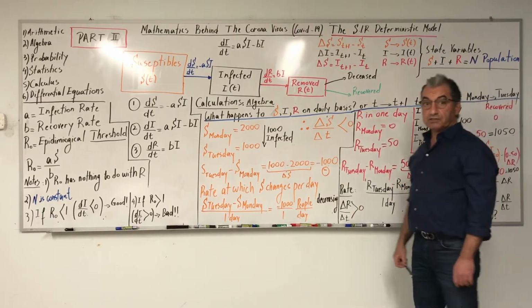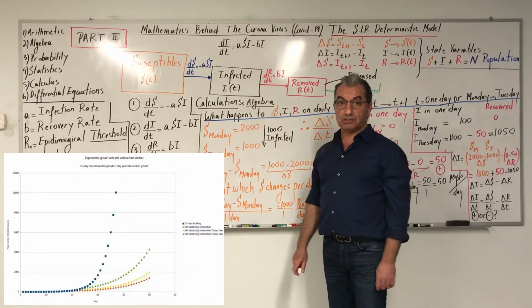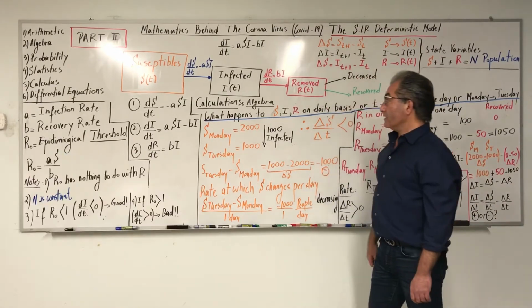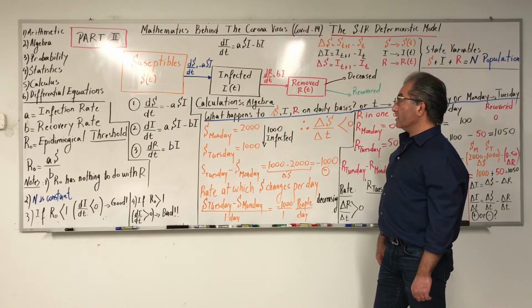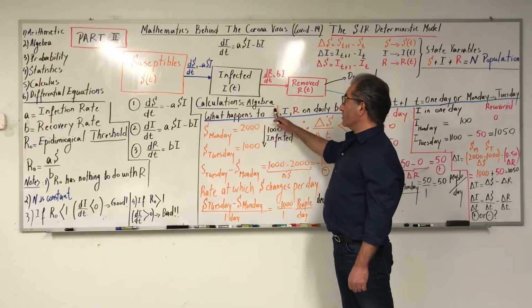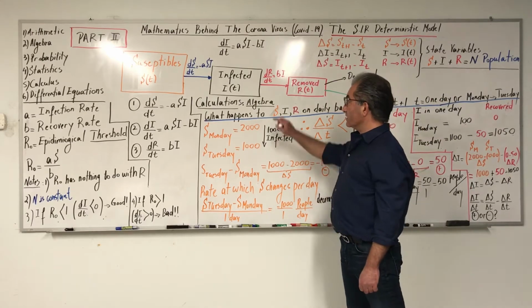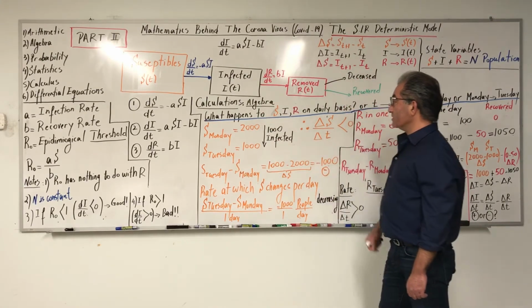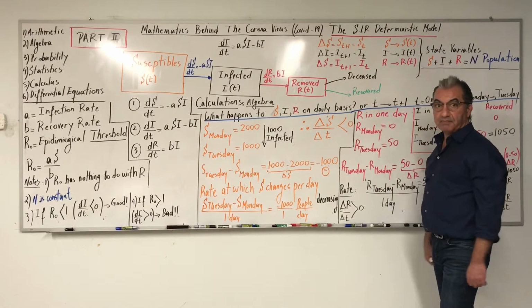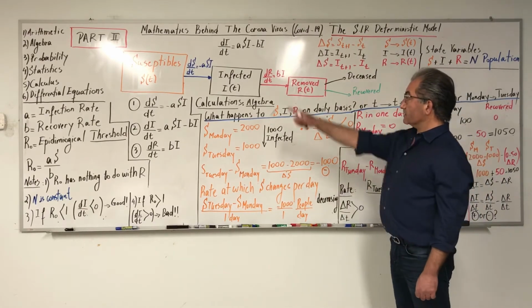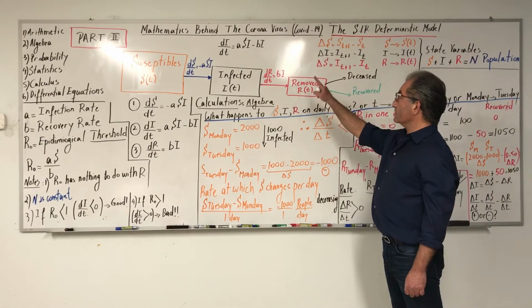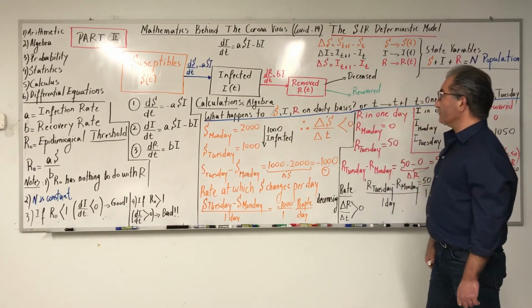In the first lecture, I talked about the exponential growth and decay, and in this lecture, I want to talk about the algebra part. So the first lecture was also algebra and arithmetic, but we want to get into algebra, see what happens on a daily basis to this susceptible, infected, and removed population.